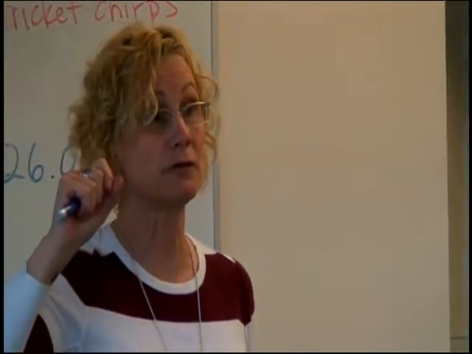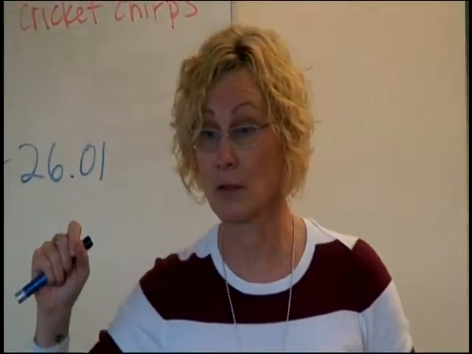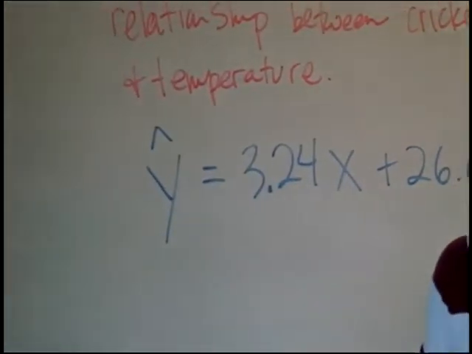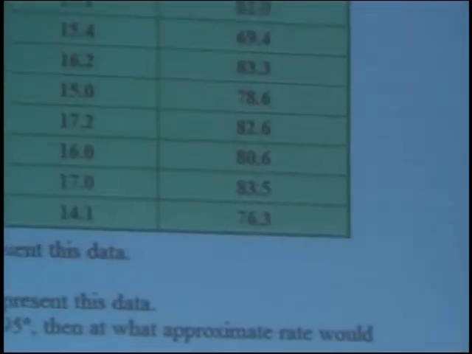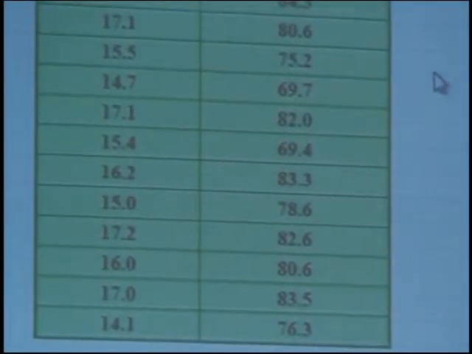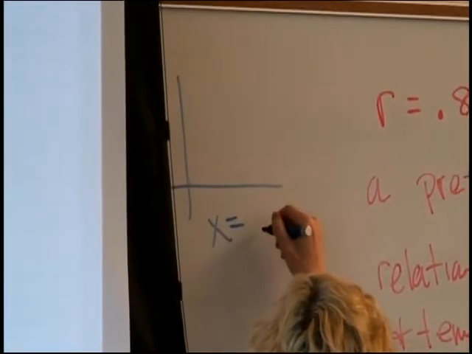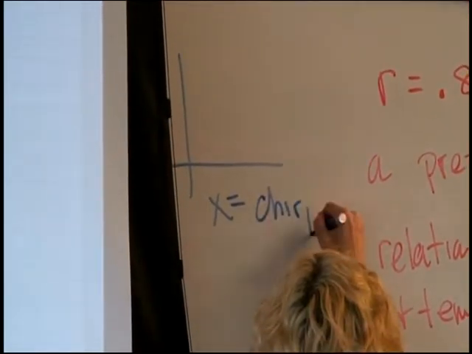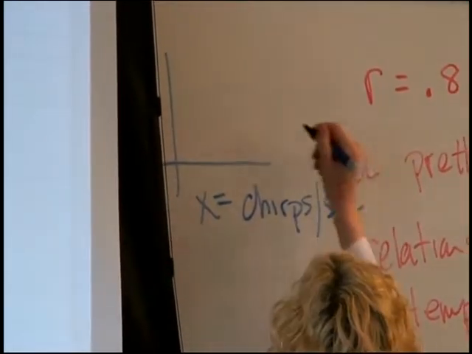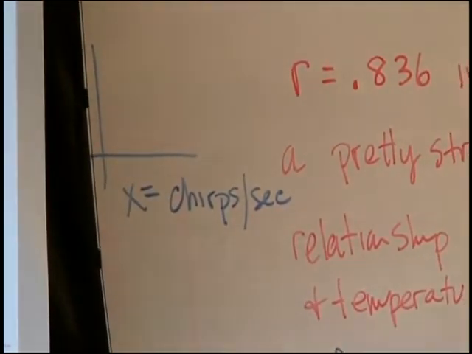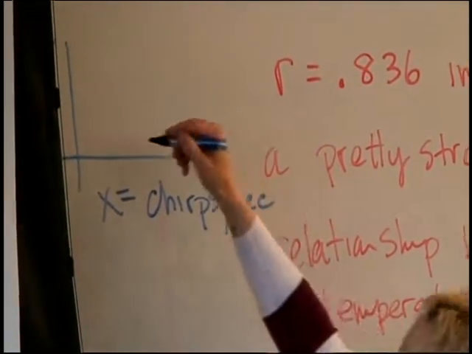Tell me by how many units? The data, you might want to make a note to yourself. The data is in chirps per second and temperature Fahrenheit. And that's Y.